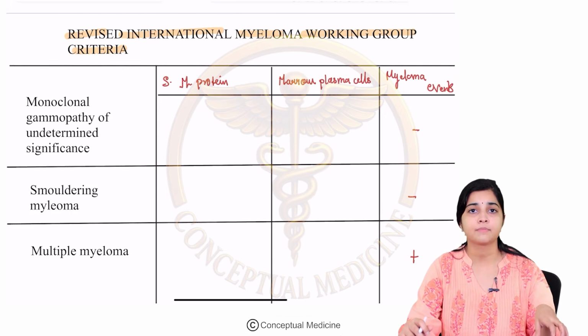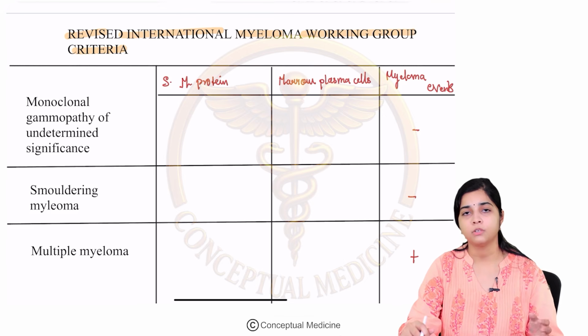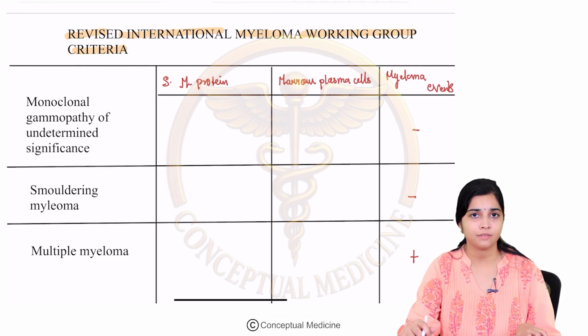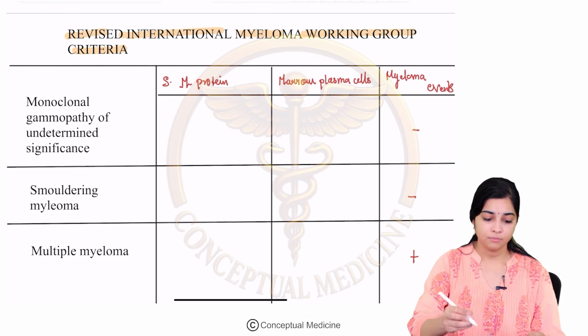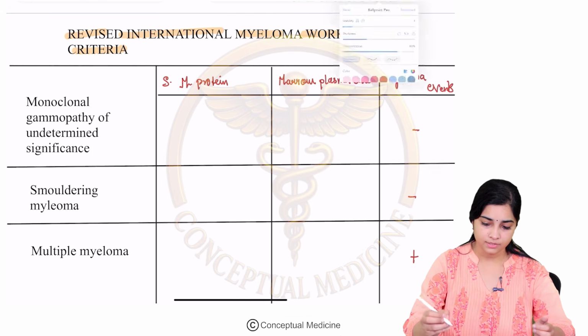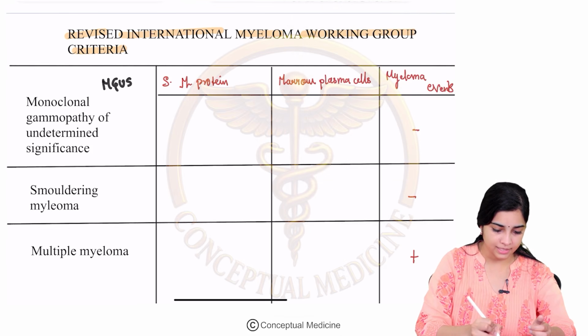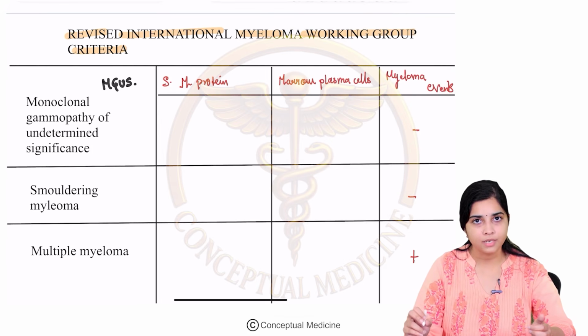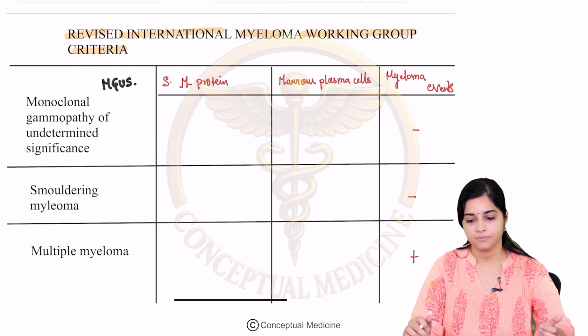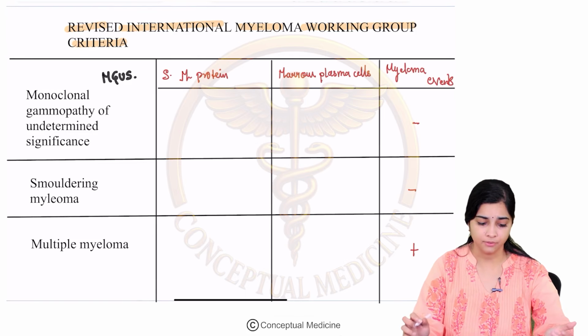The plasma cell dyscrasia, before it becomes a full-blown multiple myeloma, goes through certain stages: monoclonal gammopathy of undetermined significance, also called MGUS, then smoldering myeloma, and then multiple myeloma. So how exactly do you differentiate between all of these?